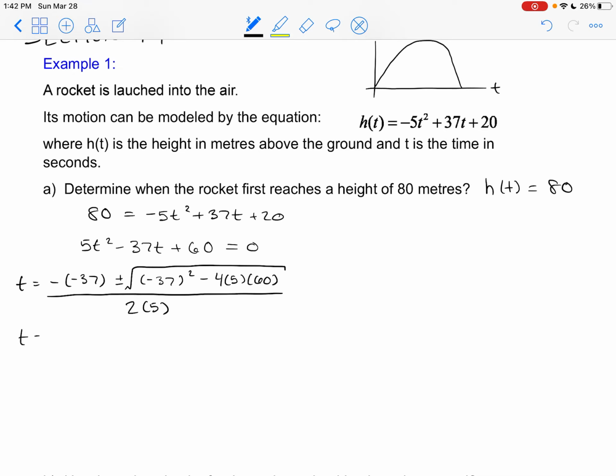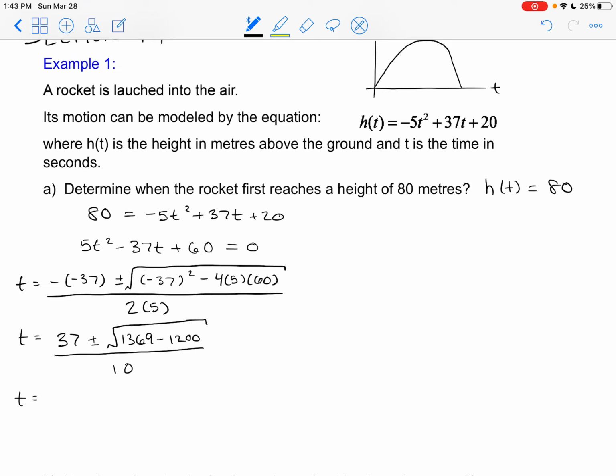So when you work out under the root here, you get the square root of 1369 minus 1200. That's all over 10.